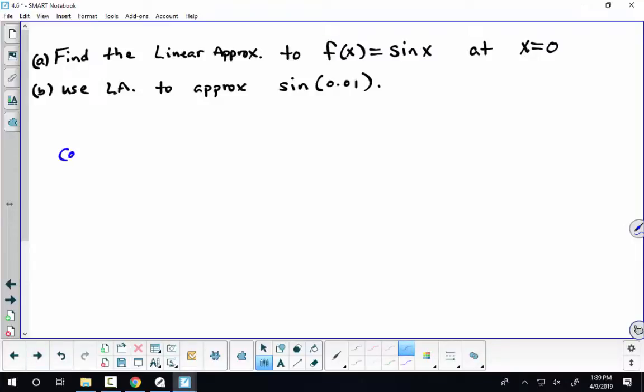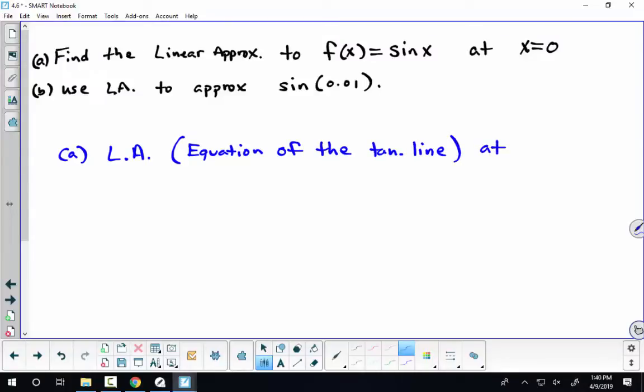Part A. I'm going to find the linear approximation, or the equation of the tangent line at 0, at the point 0, sine 0.